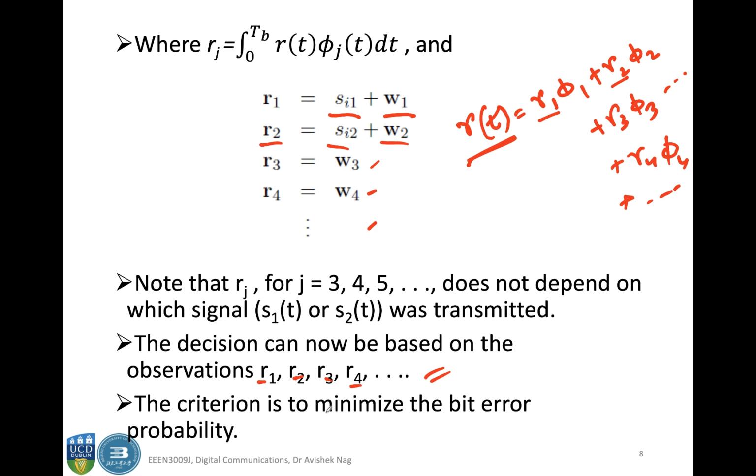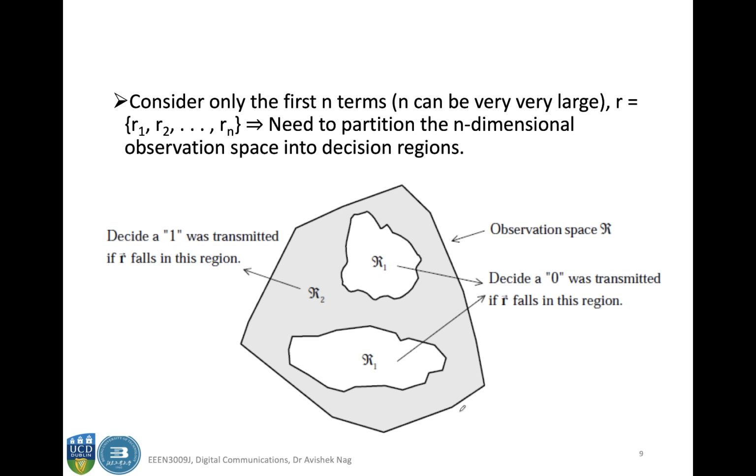Now the criterion here is to minimize the bit error probability as usual. This is the fundamental requirement of the communication system.